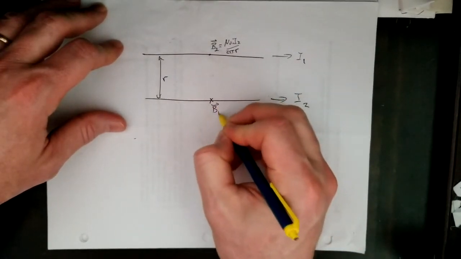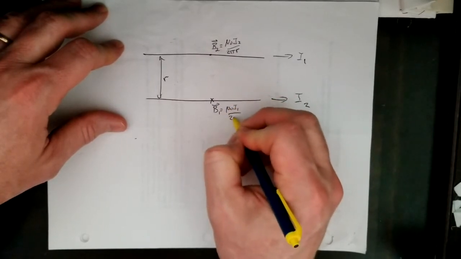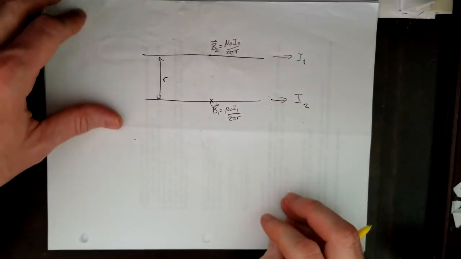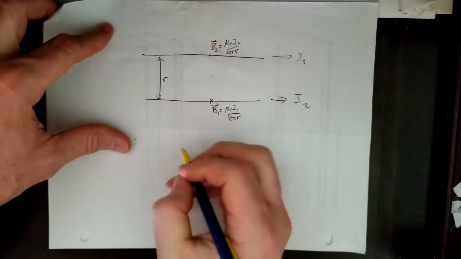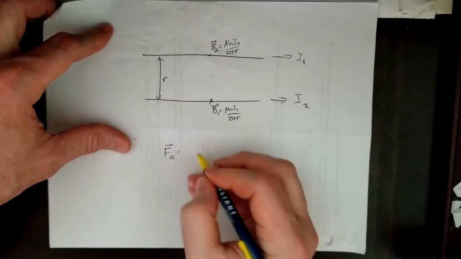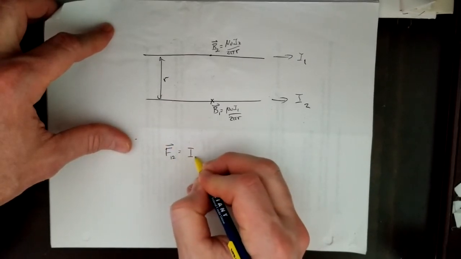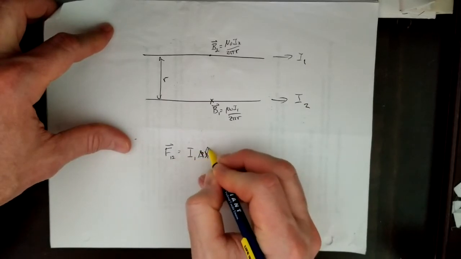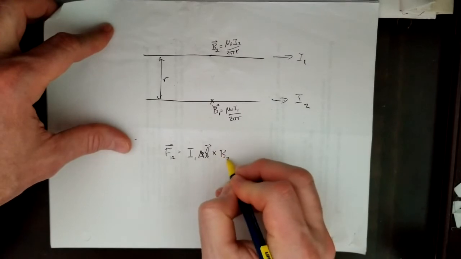So the magnetic field of 1 at this point is mu naught I1 over 2 pi R. I know that the force on I1 from 2 is going to be current 1 times delta L cross B2.